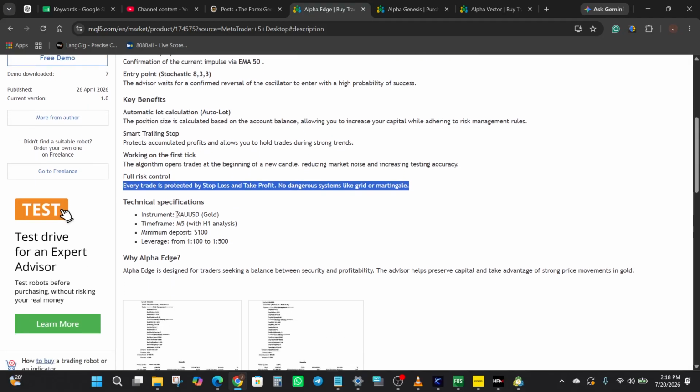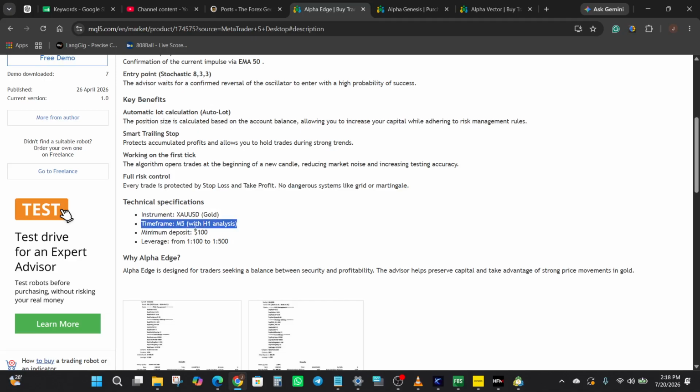Alpha Edge is designed for XAU USD with trading entries executed on the M5 time frame while referencing the H1 trend. The recommended minimum deposit is $100 with leverage ranging from 1:100 to 1:500, depending on the broker and account type. Now, let us take a closer look at the trading strategy itself.